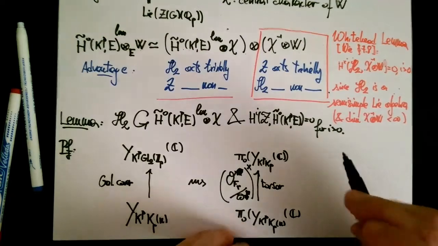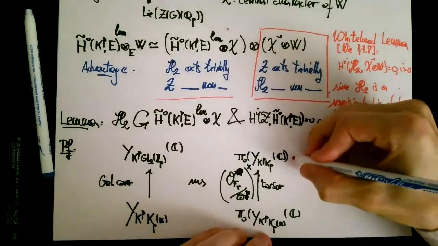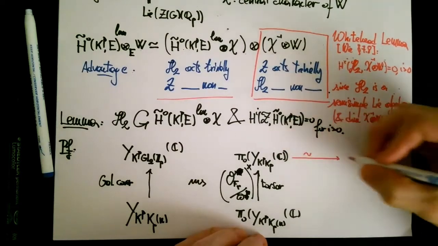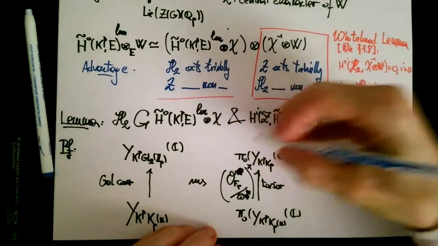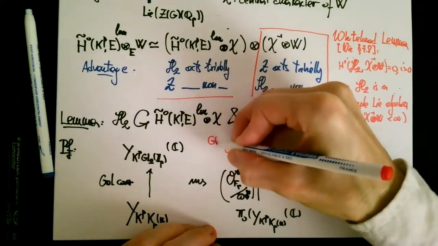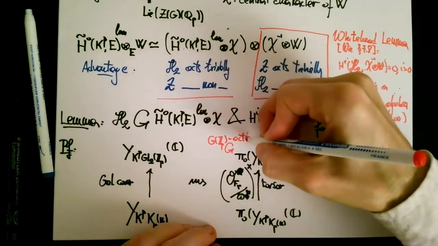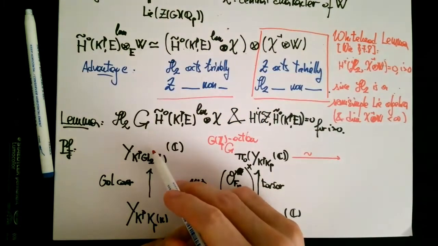So what is the key point? The key point is that this is isomorphic to the... So here we have a GL2(Z_p) action coming from the GL2(Z_p) action here.